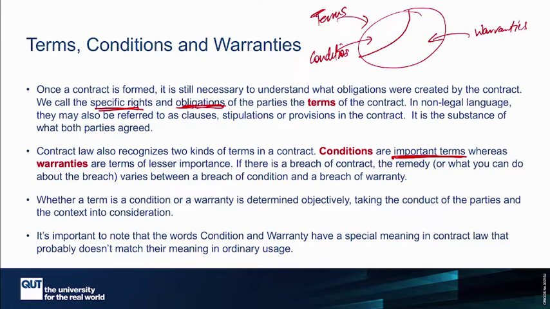They're so important you wouldn't have entered the contract without them. A warranty is one of lesser importance, and the remedies vary whether you've breached a condition or a warranty. Now, how do you work out, is a term a condition or is it a warranty? We look at the facts objectively, look at the conduct of the parties and the context, okay? And we're using these words with their legal meaning here, not their colloquial meaning.